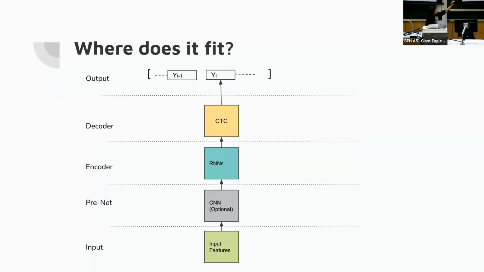Then you have an encoder, which can have RNNs, LSTMs or anything, which will give you the probability distributions. And finally, the CTC comes at the decoder part. So right now we are learning CTC. In future lectures, you will go into the different decoders and attention modules as well. And finally, you get the output.